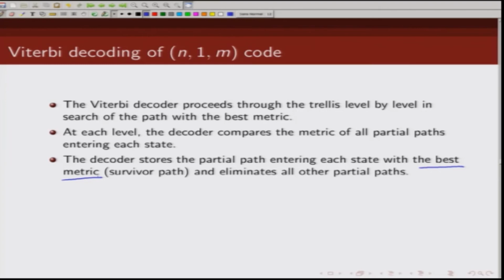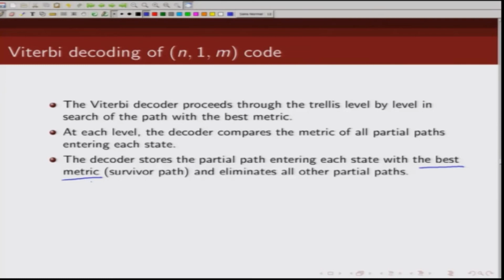Note that for time t greater than m, there are two branches converging at each state. From those two branches, it picks the one branch which gives us the best path metric, stores that best path metric, and removes all other paths which do not give us the best path metric.